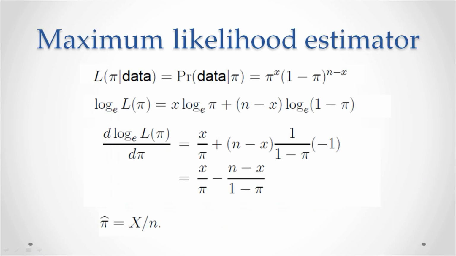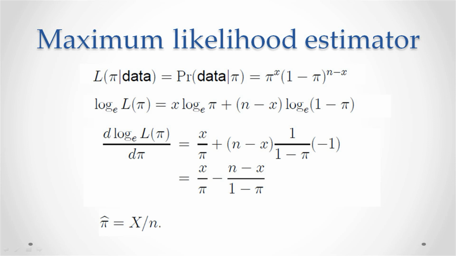More generally, the likelihood of the data is given by L of pi conditional on the data is equal to pi to the power x into 1 minus pi to the power n minus x, where we assume that we have observed x successes.